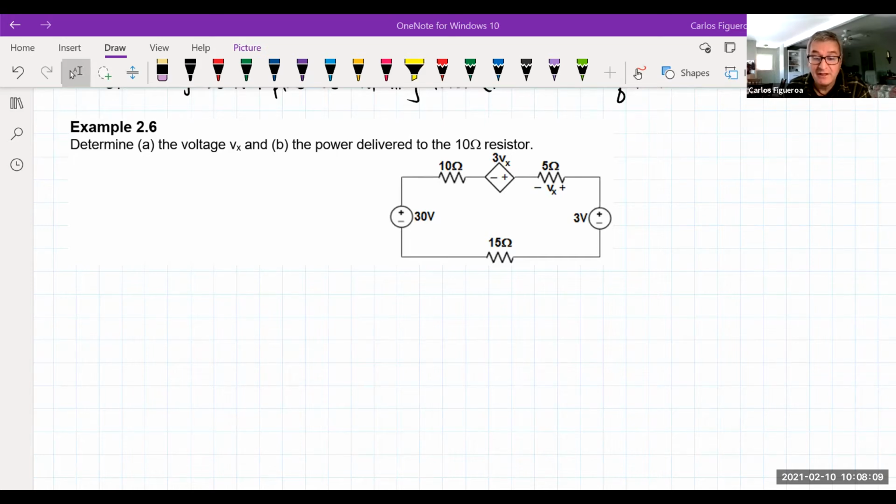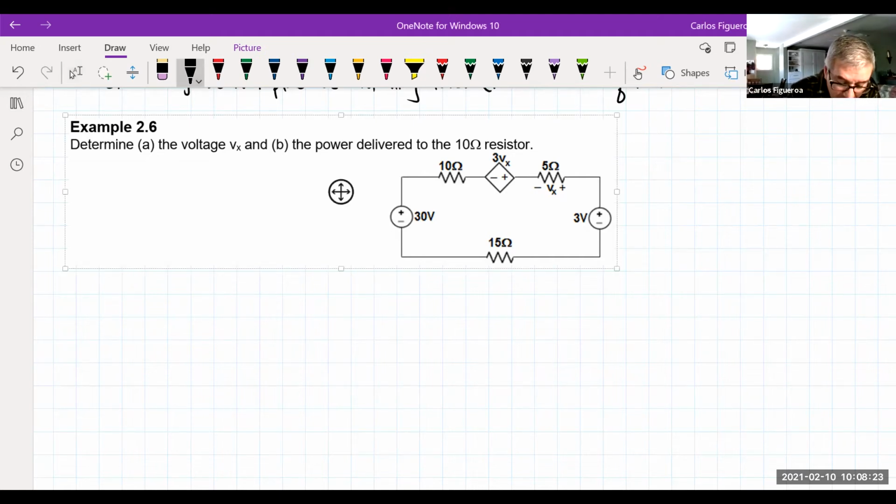So the first thing that I'm going to do is use that process that I was talking about. Right now, what you're seeing here is that there are two variables. If I'm going to use that two-step process, we have really two variables. We don't know the current in the circuit, and we don't know the voltage Vx.